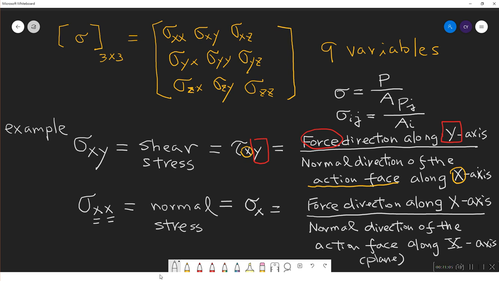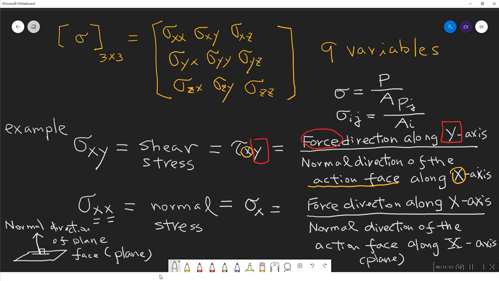What is the normal of the face? This is the face, or this is the plane, and we say the perpendicular is the normal direction of the plane.